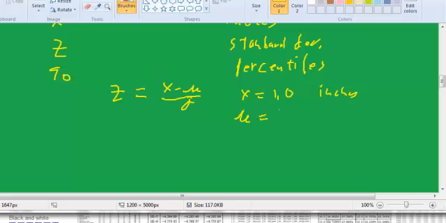Mu we said was 3. Sigma we said was 0.8. So z is equal to 1 minus 3 over 0.8 equals negative 2 over 0.8 equals negative 2.5.